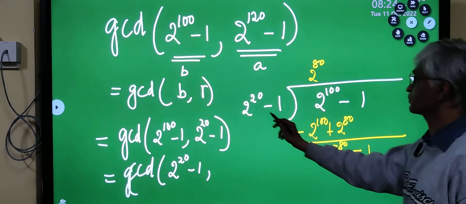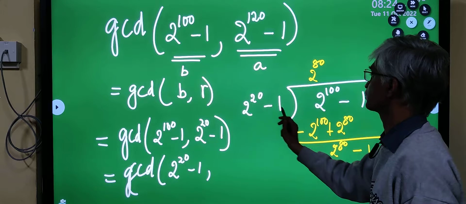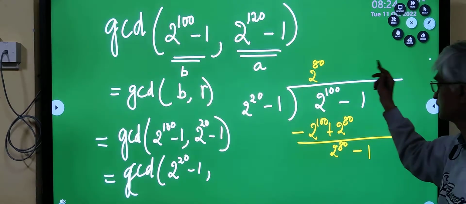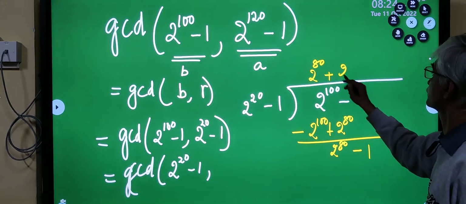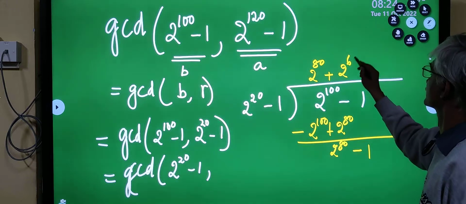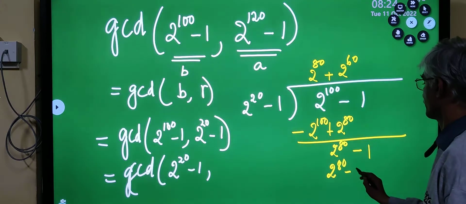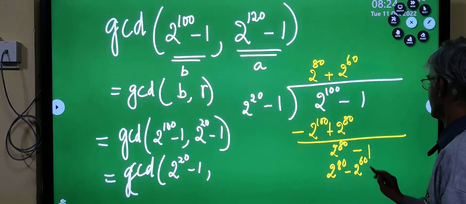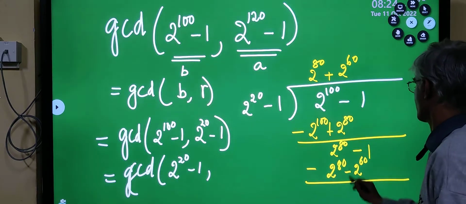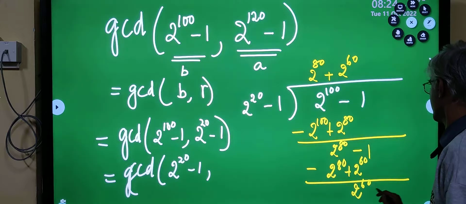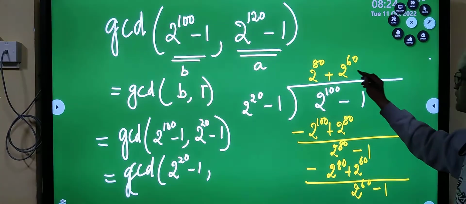Now 2 raised to 80 minus 1 is not less than 2 raised to 20 minus 1, so this cannot be the remainder. So I have to continue. 2 raised to 60, and that gives me 2 raised to 80 minus 2 raised to 60, and then this will become 2 raised to 60 minus 1, and it's still not the remainder.